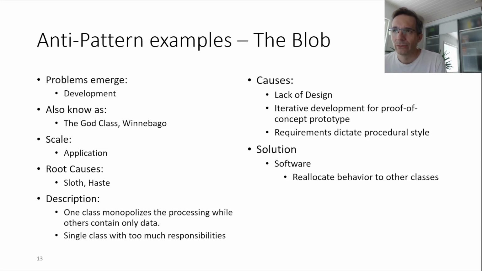And suddenly you realize that this proof of concept prototype has this one big large class, and next thing you know, the manager asks, well, when can we deploy this? Then you don't have time to refactor, and then you have the problem. This might also be caused if the requirements dictate a procedural style.